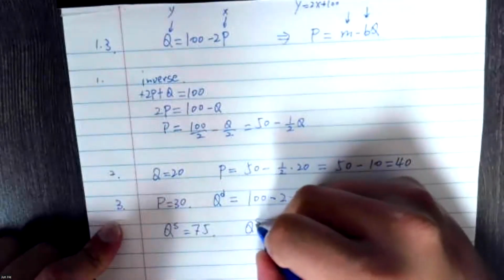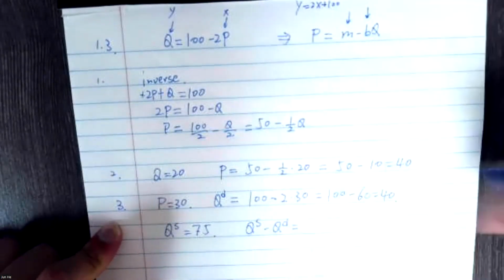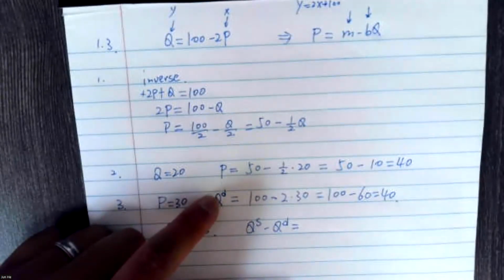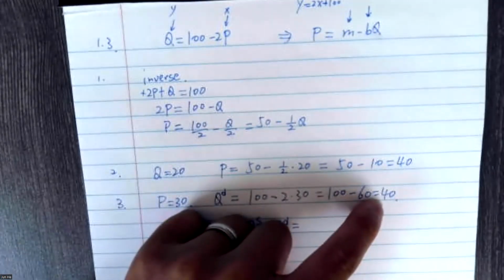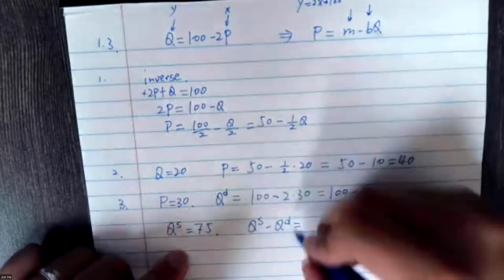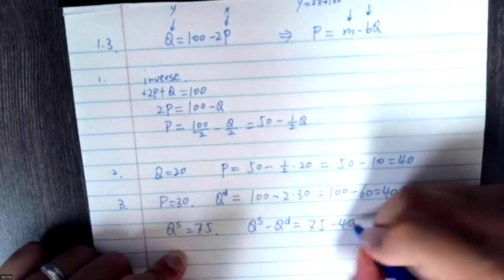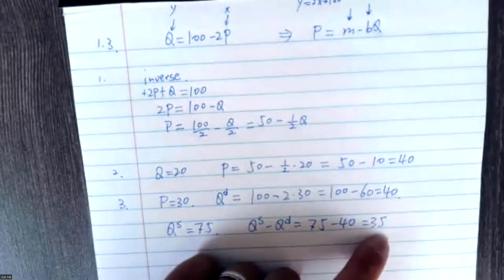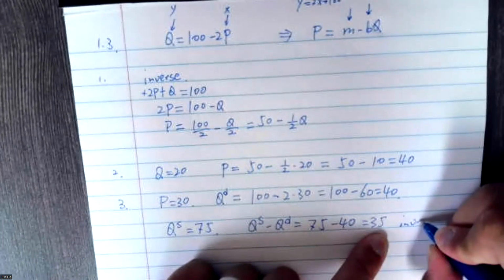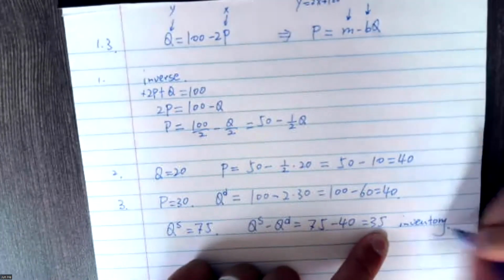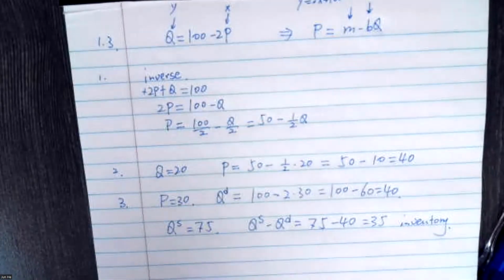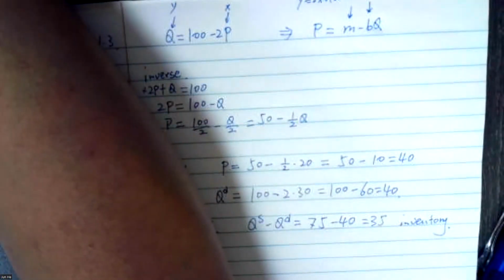And the difference: the firm produces 75, but the consumers in the market only need 40, right? Then you produced 75, you can only sell 40. The remaining 35 ends up as your inventory. So that's the first application of the linear case.